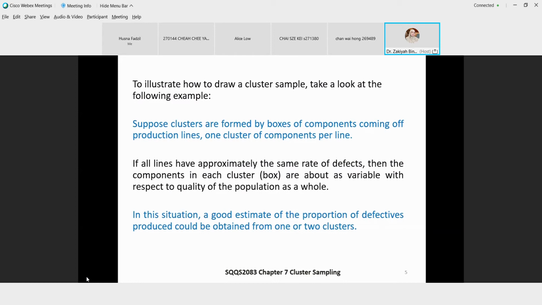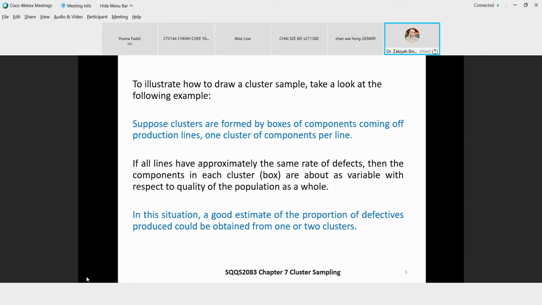Okay, and this is an example from industry. Suppose clusters are formed by boxes of components coming off production lines. In other words, one cluster of components per line. If all the production lines have approximately the same rate of defects, then the components in each box are about as variable with respect to quality as the population as a whole.